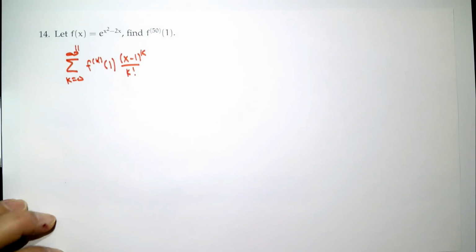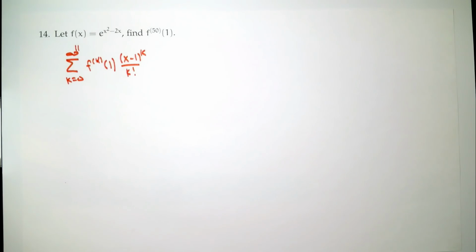That's just a generic expression. Now, what I wrote down before for the previous problem was just when it was evaluated at 0, and then it was x minus 0 to the k. But this holds for any value of a. So here's the thing: I know I have powers of x minus 1. So I want to look for things that are x minus 1 related.